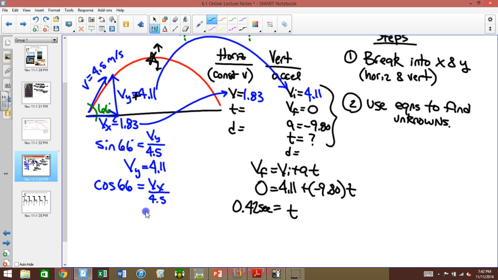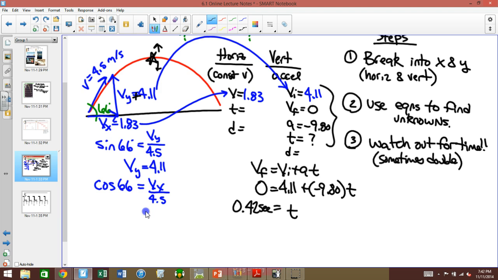Now be very, very careful. Here's where a lot of people make mistakes. Sometimes we double it. I'll show you what I mean. Since we use this special spot, this is the time it takes to get right there.